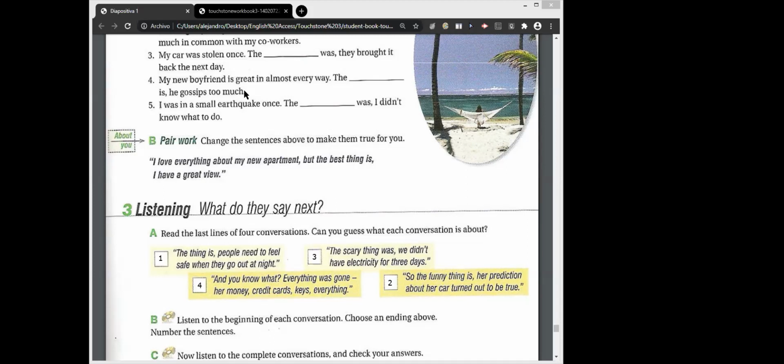Her purse was stolen? No, it fell in the river. You're kidding. How did that happen? Well, they were all talking and laughing, you know. And then they walked over the bridge, and Jenny stopped to look at the water, and then her purse fell into the river. And you know what? Everything was gone. Her money, credit cards, keys, everything.